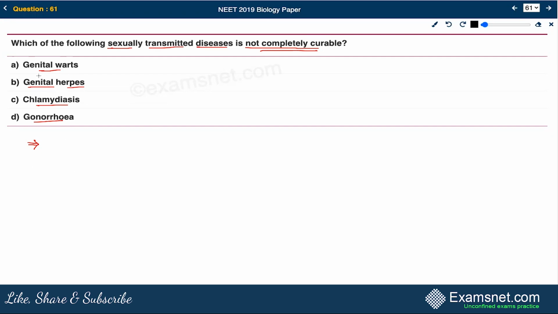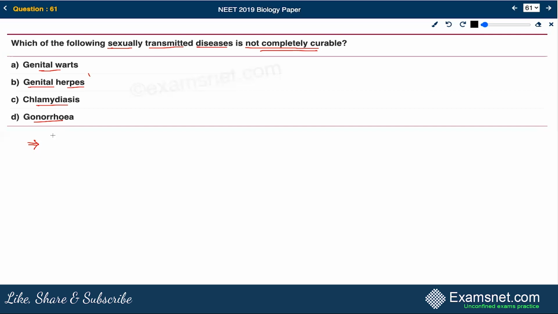Why? Because this is caused by type 2 herpes simplex virus, which is called HSV. Genital warts are a curable STD, because they are caused by human papilloma virus. Chlamydiasis is caused by chlamydia, and gonorrhea is caused by Neisseria gonorrhoeae. So all these are curable.